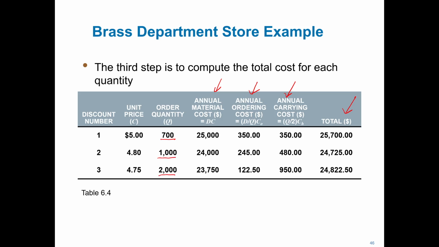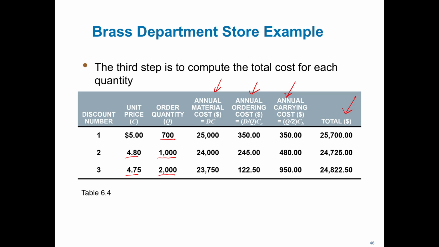We will forget about the economic order quantities at 4.8 and 4.75, which did not qualify, coming at 714 and 718. We put in the minimum level at which we qualify for these prices: 1000 here, and 2000 here, and then we calculate all these costs.